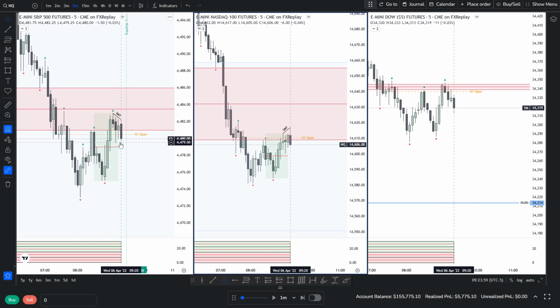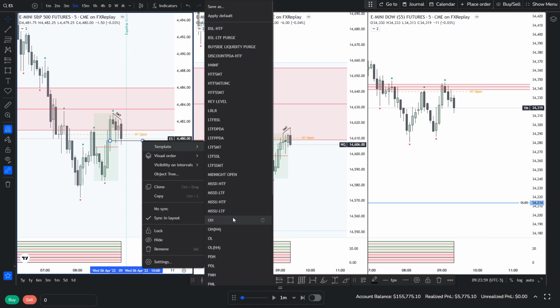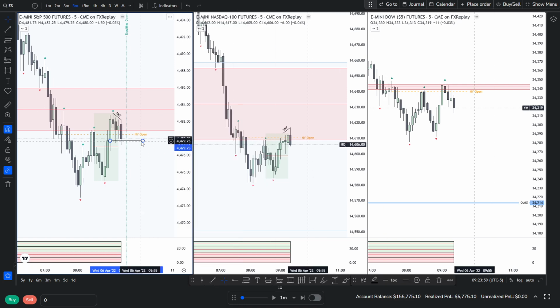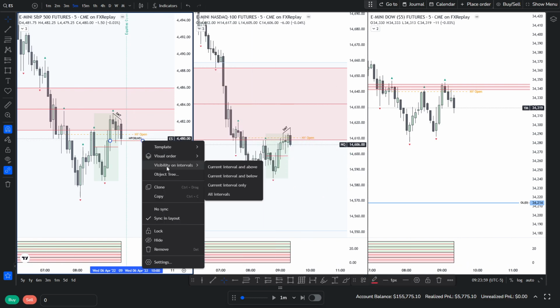There's the order block there, but this is just a potential propulsion block. I'm going to mark this up here.